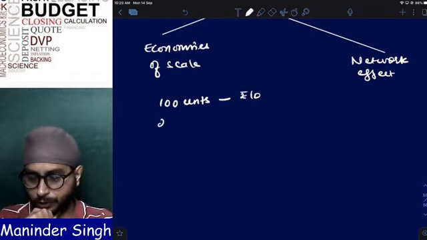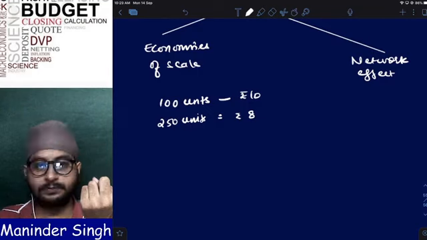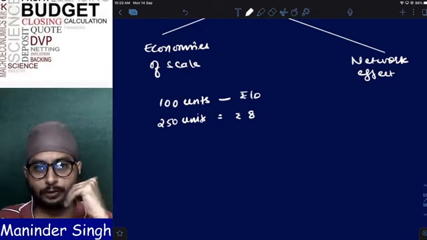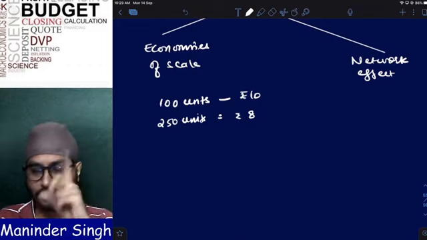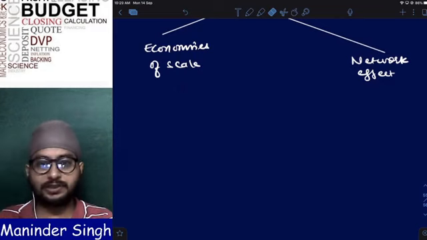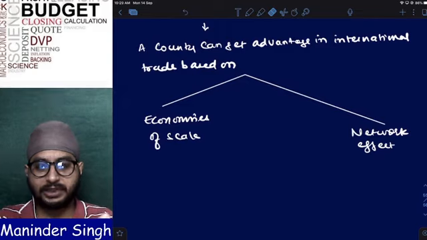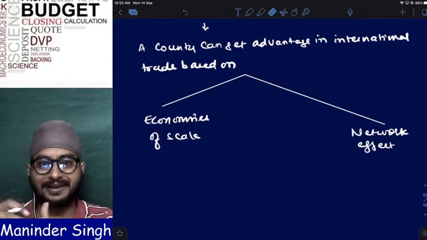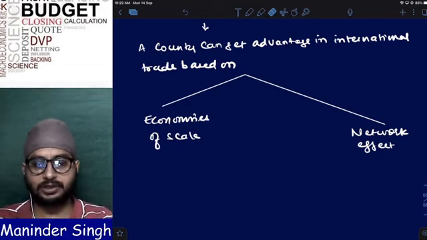Say I produce 250 units. Will the cost of production remain the same or come down? When the number of units increases, cost of production decreases. This is called economies of scale. Economies of scale is when production increases, the cost per unit decreases. I think you might have learned the same thing in costing also.